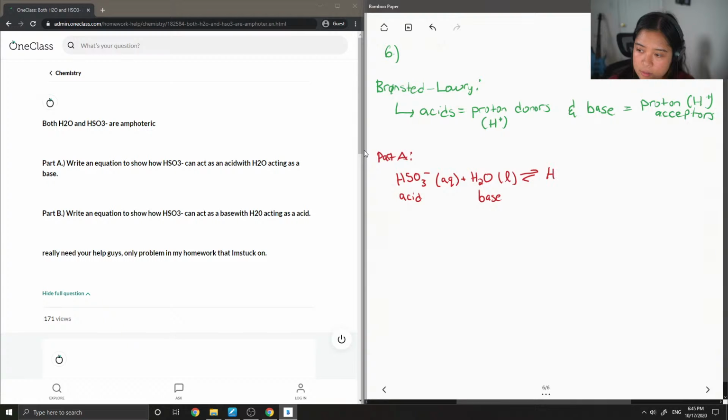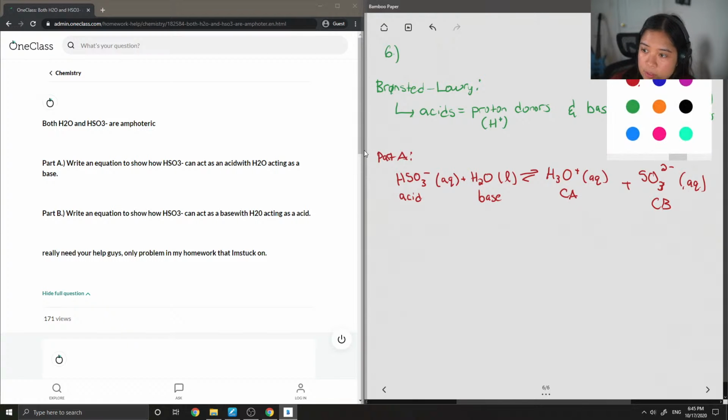So since the water accepted a proton, it now becomes H3O+, and this is our conjugate acid. And then this lost a proton, now has a 2- charge, and it is our conjugate base.